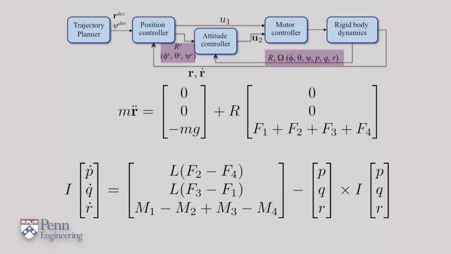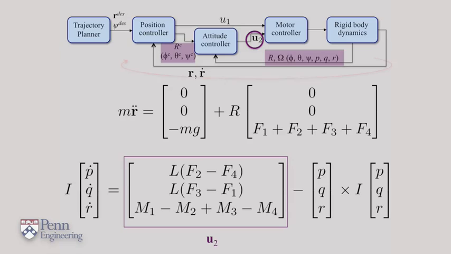We'll feed back the actual attitude and the angular velocity, or the roll, pitch, and yaw angles and the angular rates. And from that, we'll want to calculate the input u2. u2 is a function of the four thrusts and the moments that we get from the motor speeds. In the equations of motion at the bottom, we have to calculate what u2 is based on the desired attitude.